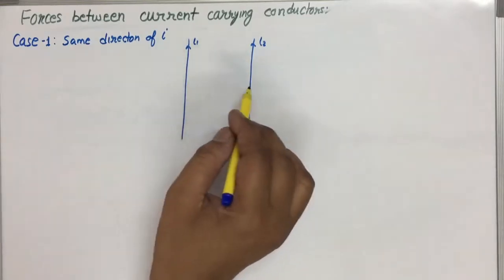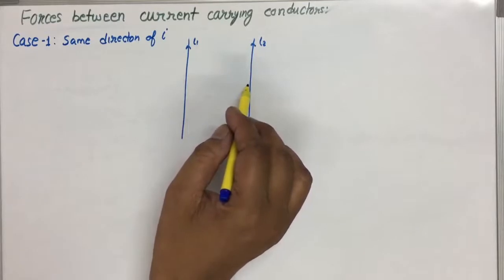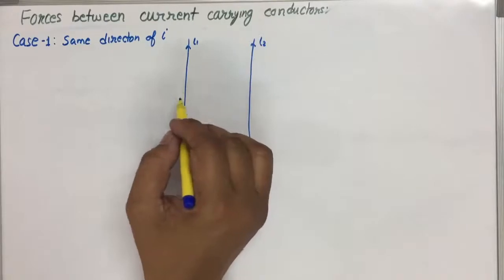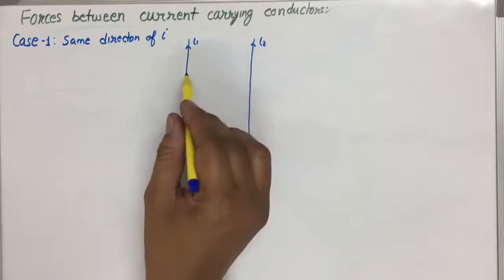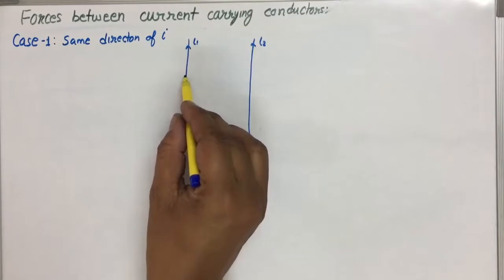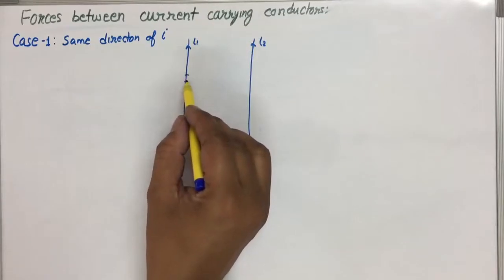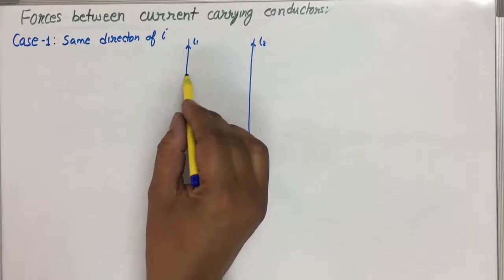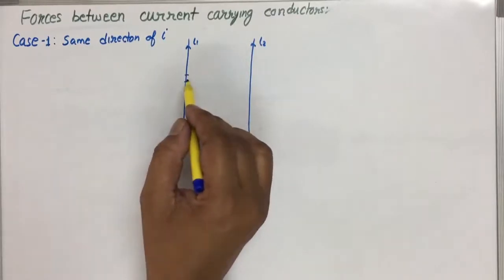We will consider that this current is producing a magnetic field, and in that magnetic field this conductor is placed, which is having current I dl. It will have some charge, and the charge is moving, so it will experience a force due to the law that we have studied.